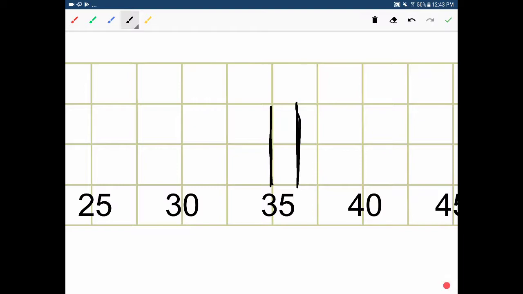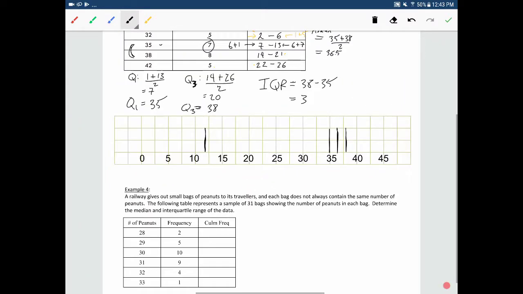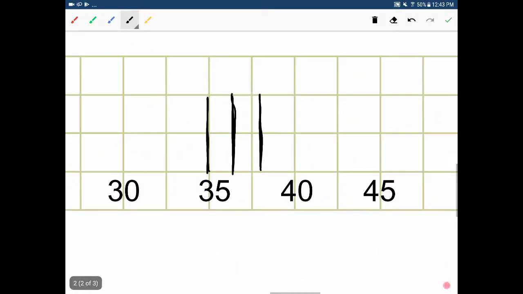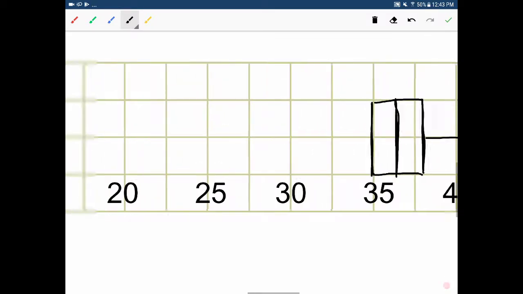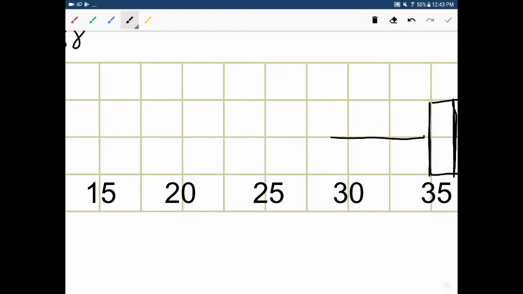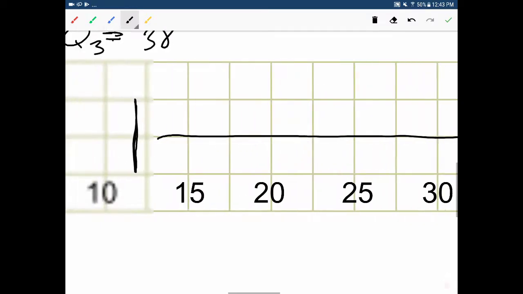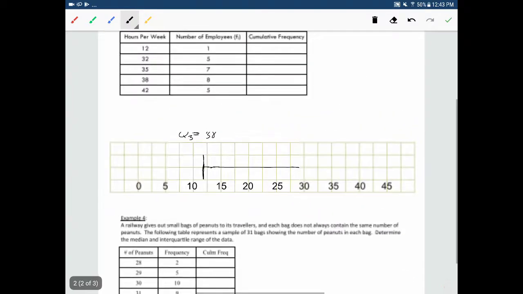And then we went up to 38, our Q3, which was there. And then our maximum piece of data was 42, which will be about here. So we draw our whiskers, draw our box. Almost made it. And there we go.